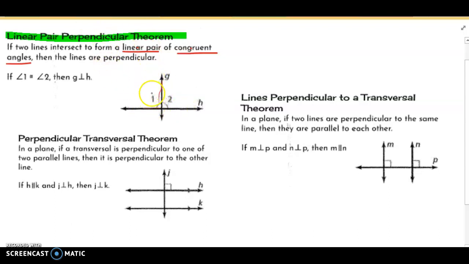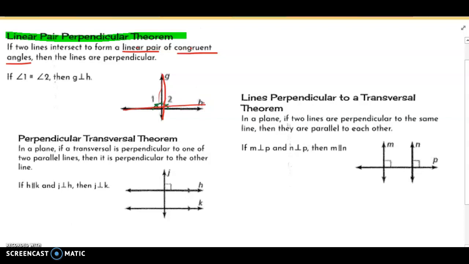Okay, so here we go. If angle 1 and angle 2 are a linear pair, which they are, and if they're congruent, which according to these same arc symbols, they are congruent. Because that's the case, then that means that line G and line H are perpendicular. Okay, so let's think about that for a little bit.